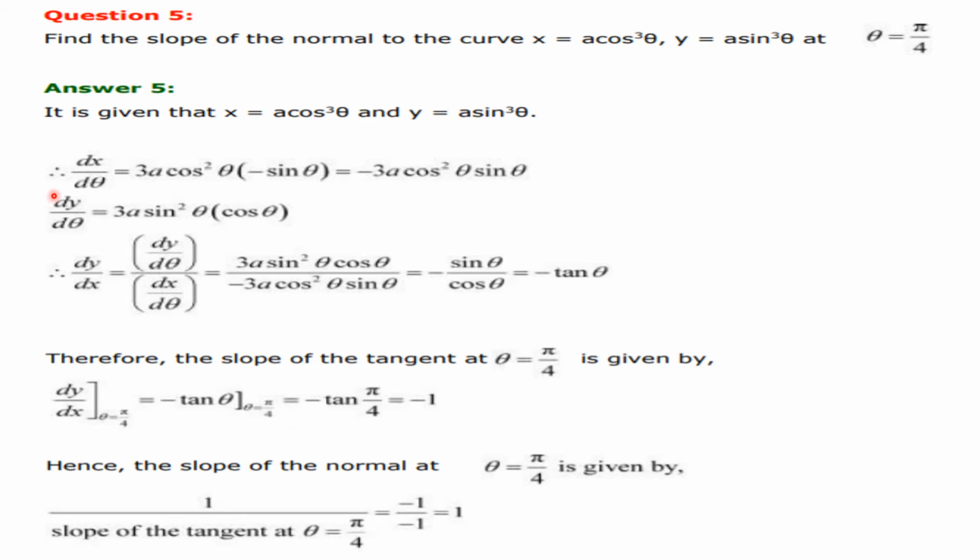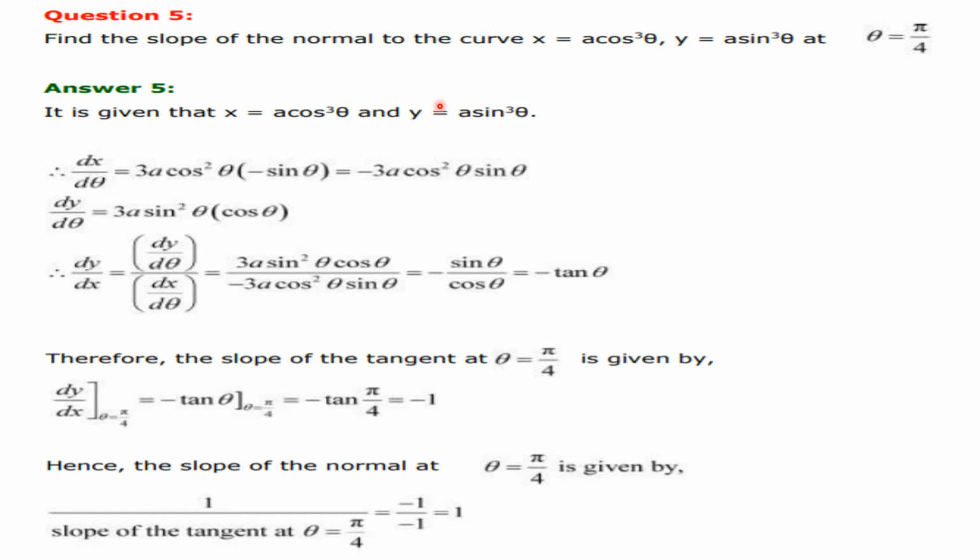Therefore dx by d theta is equal to, here a is a numerical coefficient. Now this is cos cube theta. It is in the form of x power n. What is the formula for x power n? n into x power n minus 1. What is n here? 3. So 3 into, here a also numerical coefficient, cos square theta, into the derivative of cos theta, because we are using chain rule.